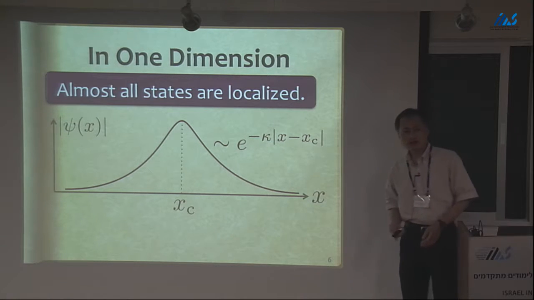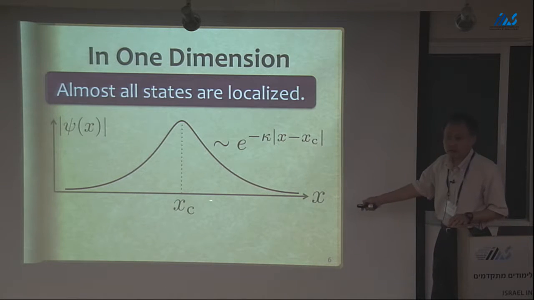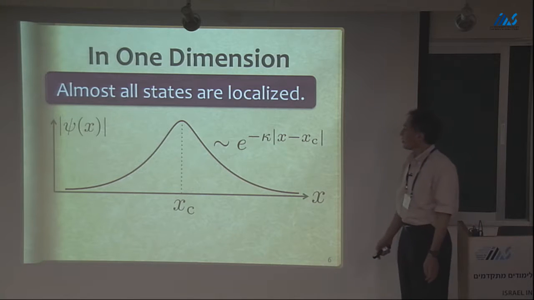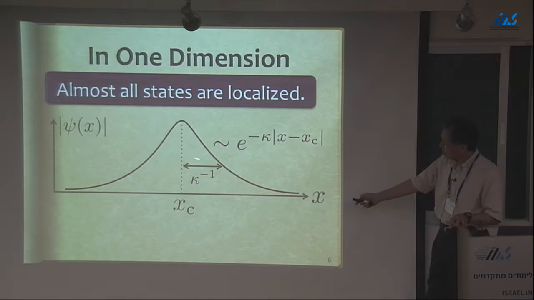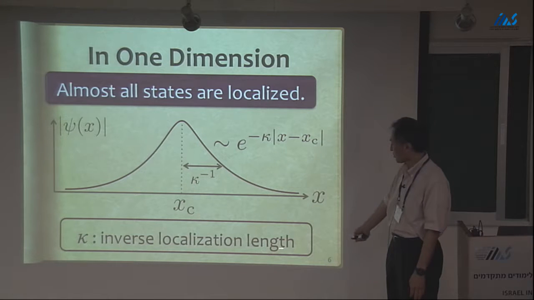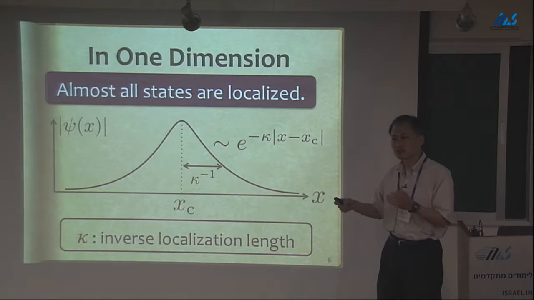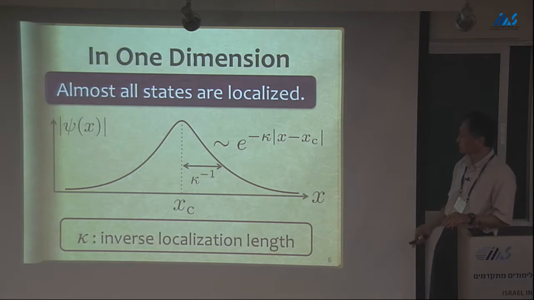And by localized, I mean that the shape is this kind, exponentially decaying around the localization center. And so the localization length scale is kappa inverse. Kappa is here. So we call this kappa the inverse localization length. In 1 dimension, it's sometimes called the Lyapunov exponent, but I don't use that word for now.